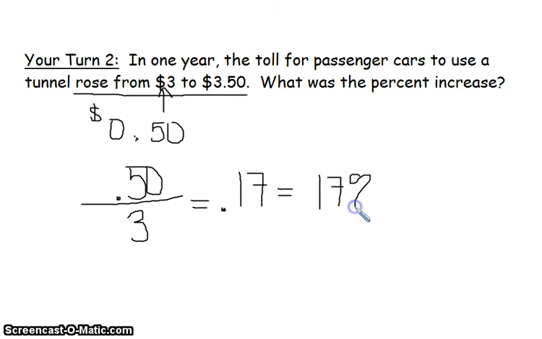So a 17% increase from $3 to $3.50. All right. You need to move on to percent of change, video 2, and we're going to get into talking about percent error.